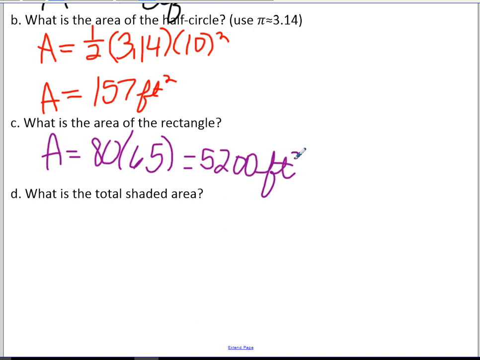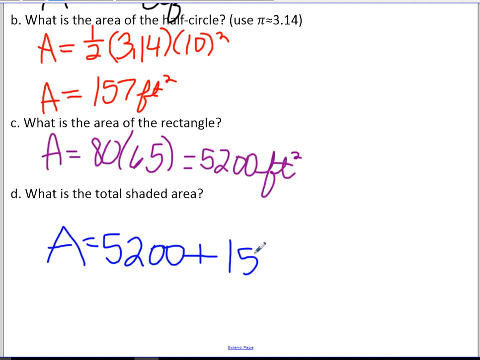So when we put it all together, we have the area of the entire shape being the 5,200 square feet rectangle plus the 157 square foot semicircle. But remember, the 2 triangles are cut out, so we have to subtract them.